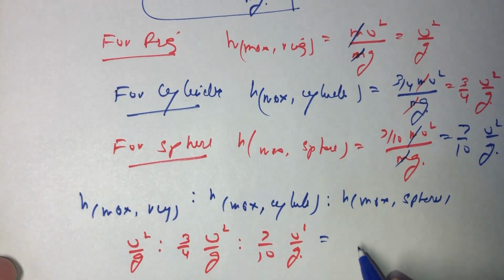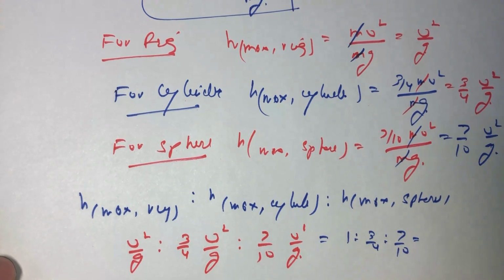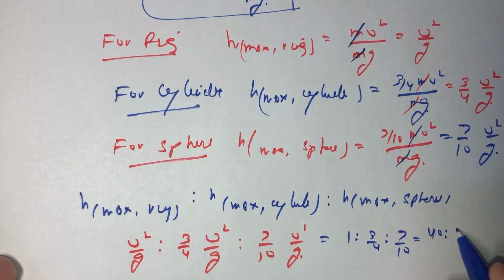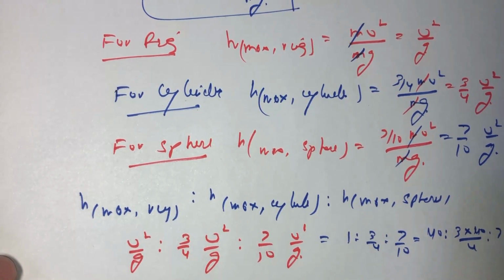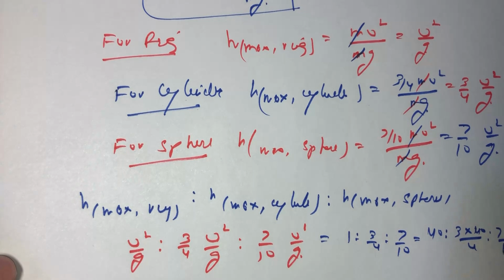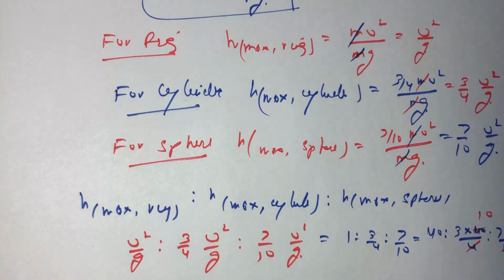So we can write this as 1 is to 3 by 4 is to 7 by 10, and this will be equal to 40 is to 3 into 40 divided by 4 is to 7 into 40 divided by 10. So this goes by 10 and this goes by 4.